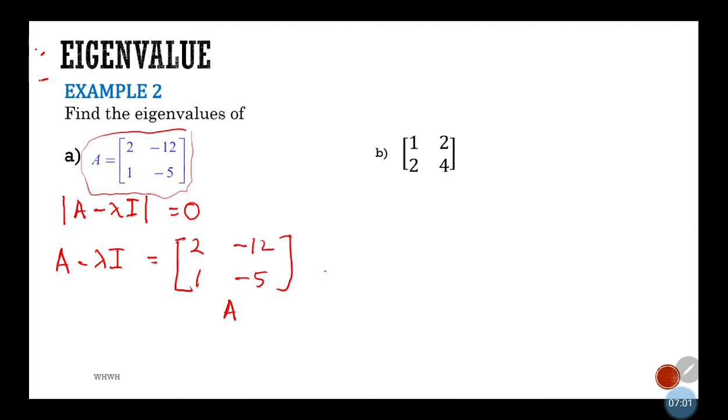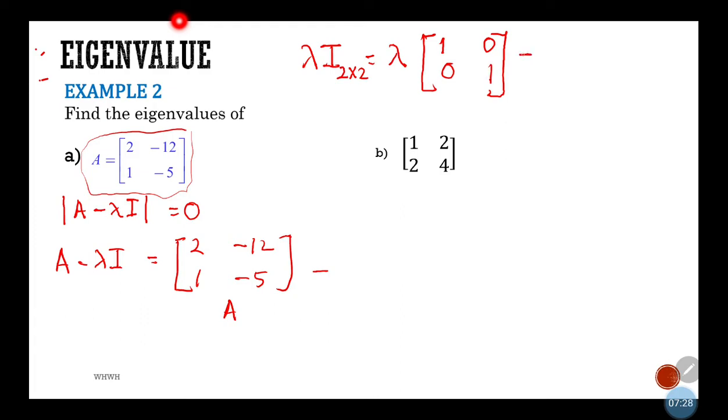How to get the matrix lambda times I? Here lambda is a constant times I. What is I? I is an identity matrix, and since A is a 2 by 2 matrix, I is also a 2 by 2 matrix. So you will get 1, 0, 0, 1.